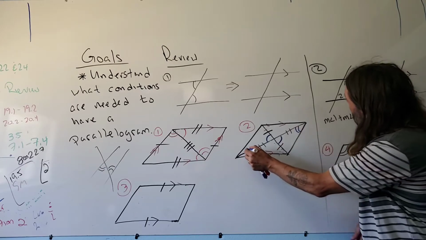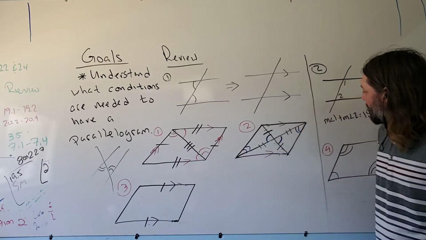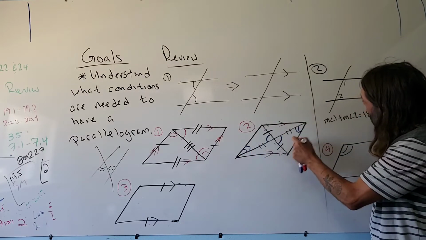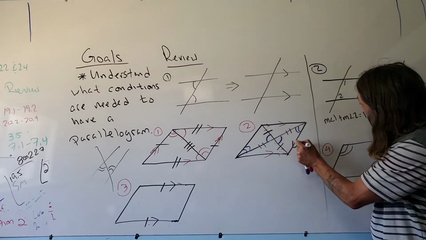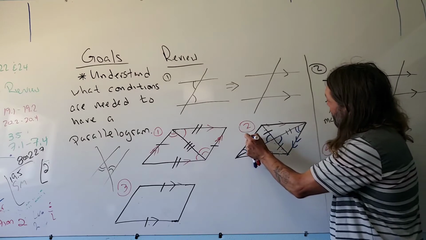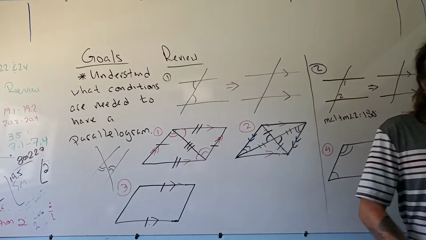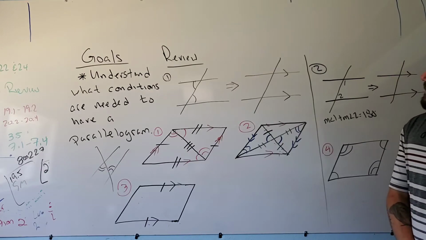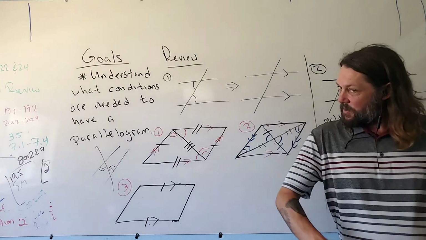So that's going to be congruent to that, and these guys are alternate interior angles for these sides, and since they're equal, that implies that these guys must be parallel. So we've seen that bisected diagonals means that our shape must be a parallelogram.